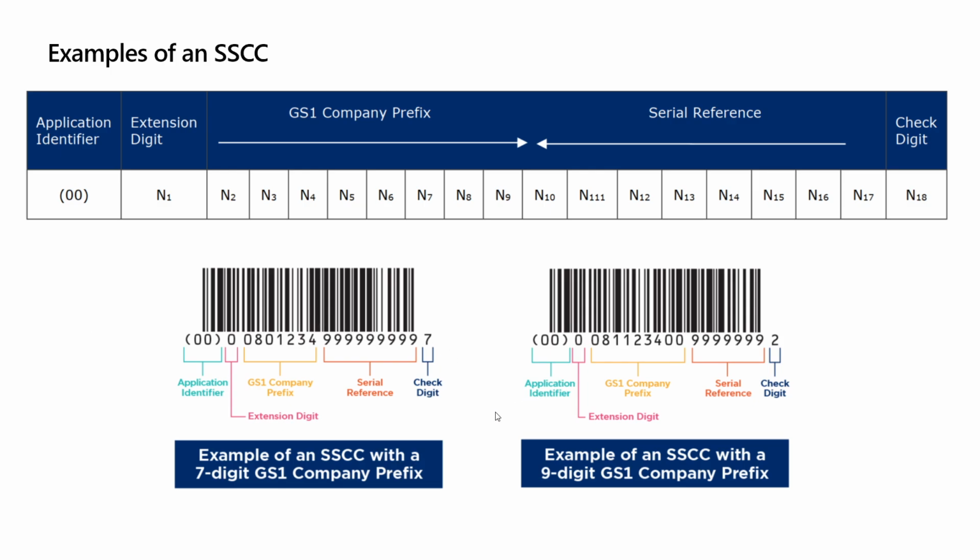So looking at these two labels, we can see in the first label that the GS1 company prefix is 7 digits. So we have 9 digits available for the serial number. However, in the second barcode, the GS1 company prefix is 9 digits, so we have only 7 digits available for the serial reference. But at the end, it's 18 digits in both labels.